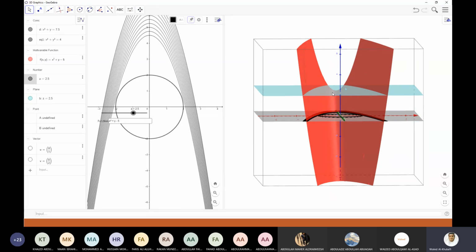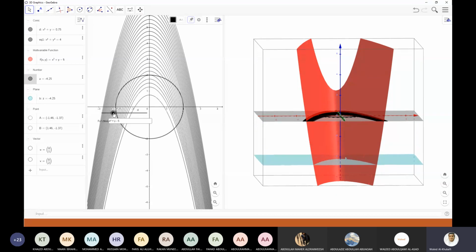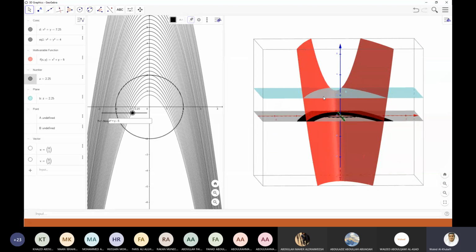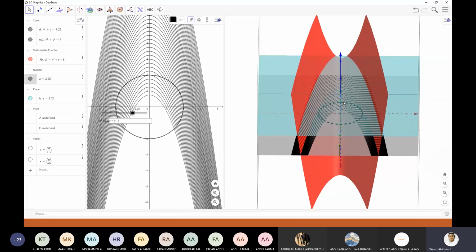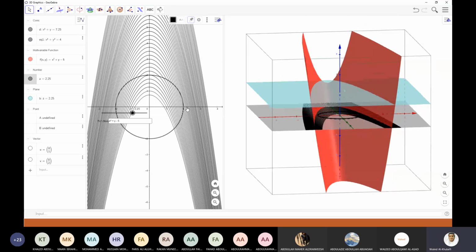This blue one is the level surface that we learned. We make z equal to any constant, take the intersection, and project on the xy plane.